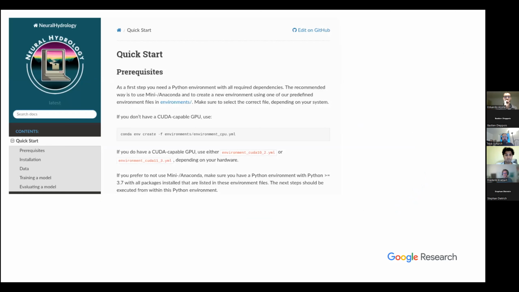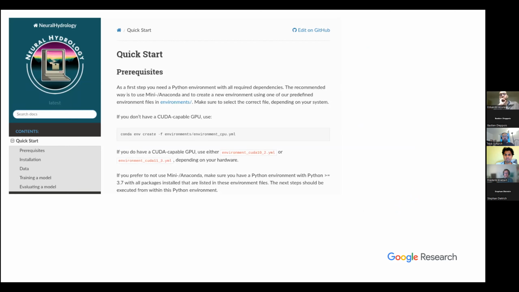It comes with installation guides, and with how to set up a Python environment to get started. The entire library is aimed at hydrologists that don't have a lot of experience with programming, and you don't have to have any experience with machine learning.